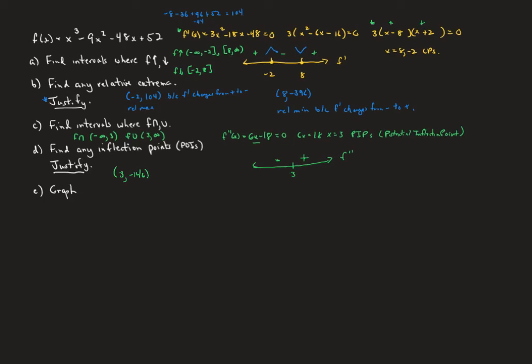So this is a point of inflection because, now there's actually a couple ways we can do this, because I'm going to say f double prime changes sign there. It doesn't matter if it goes from positive to negative or negative to positive. It's still going to be an inflection point.